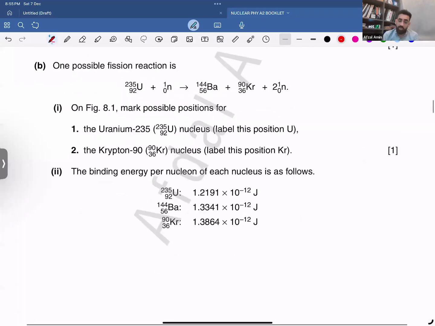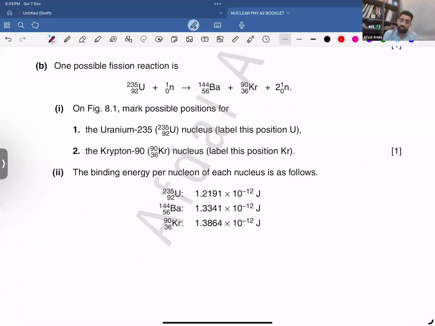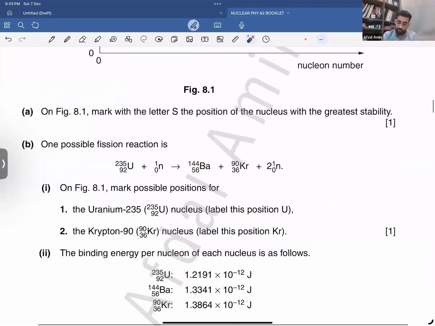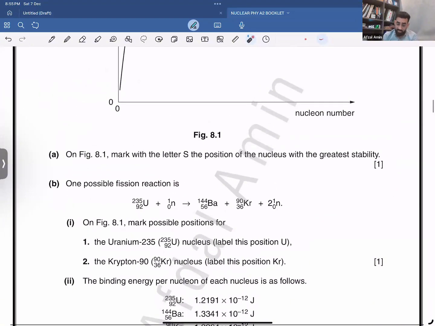Okay. One possible reaction is uranium with a neutron gives you barium, krypton, and 2 neutrons. So label U is uranium, label Kr is krypton. On figure 8.1, we need to look where will be 90 and where will be 235.